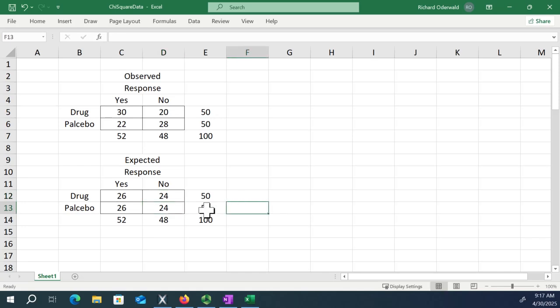And the calculation is always the total there times the total there divided by the total number. When you get to different numbers than 50-50 and so forth, it's the same thing, but the calculation is the same setup.